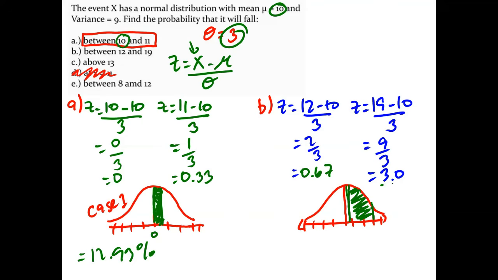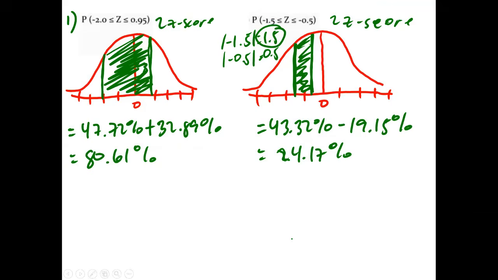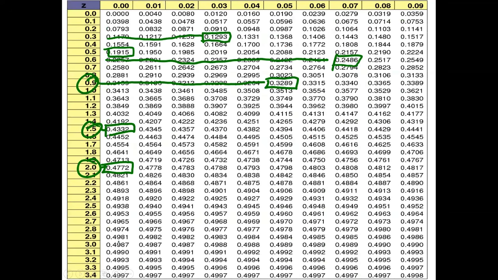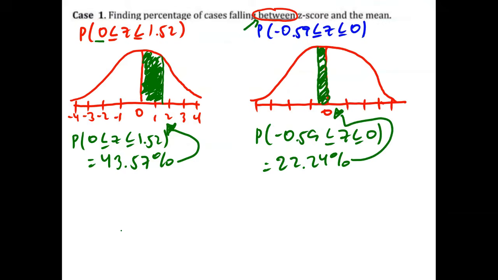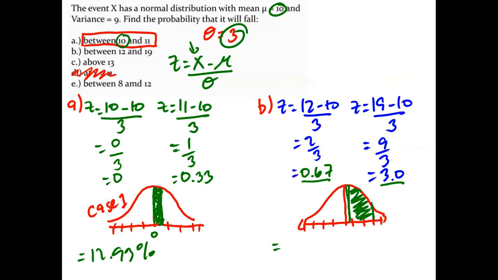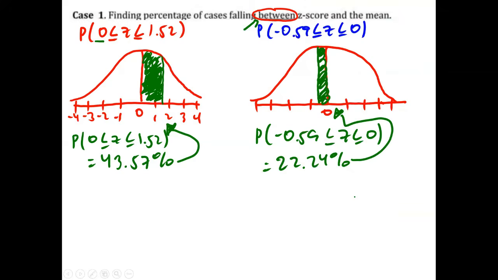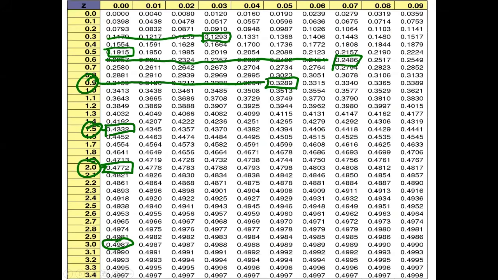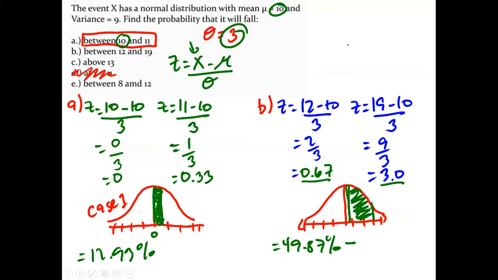So, ipag-minus yung 3.0 sa 0.67. So, 3.0 is 49.87%, minus 0.67 which is 24.86%.